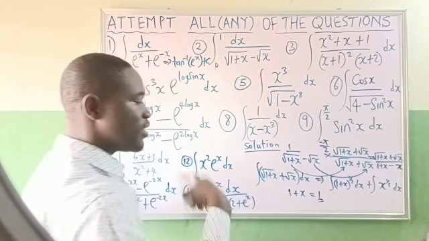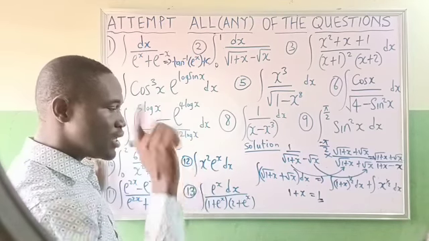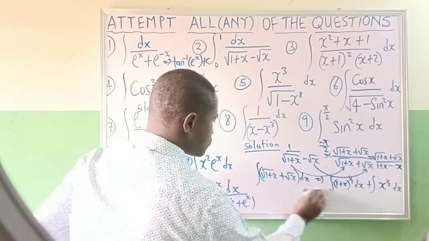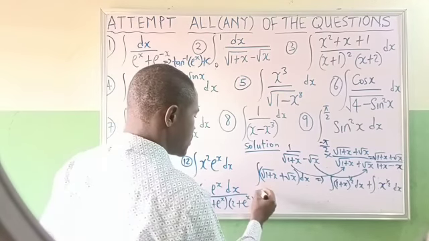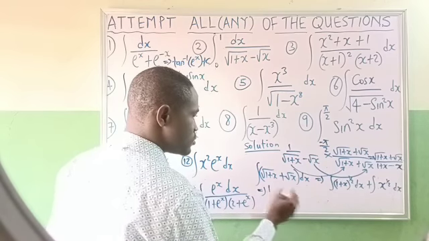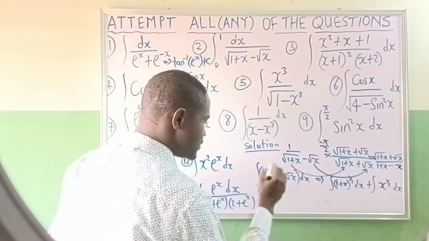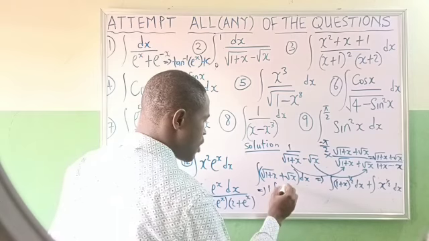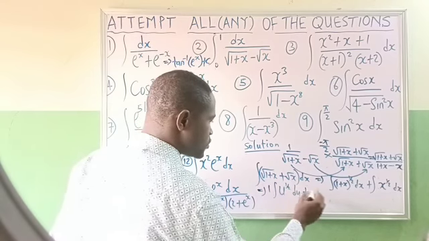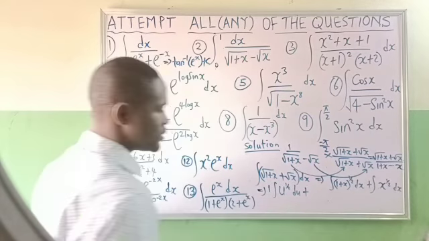If we invert 1, 1 over 1 is 1. This will now be giving you that the integration of this is the integral of u raised to power 1 over 2 du, plus integration of this.